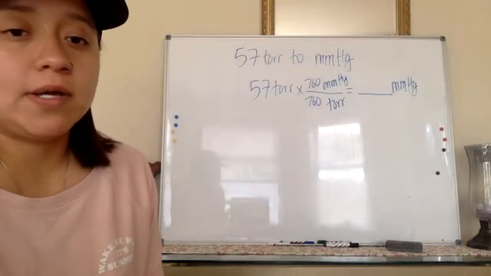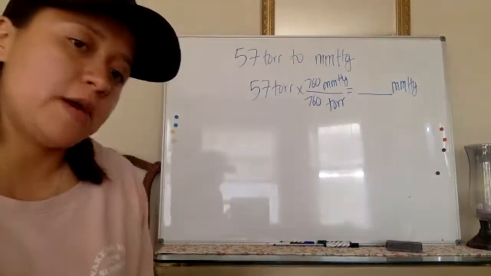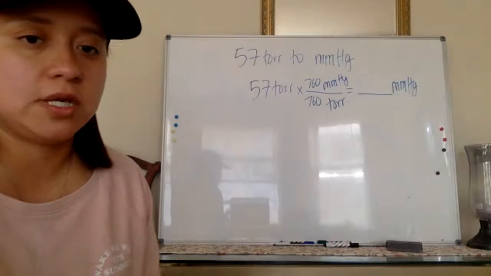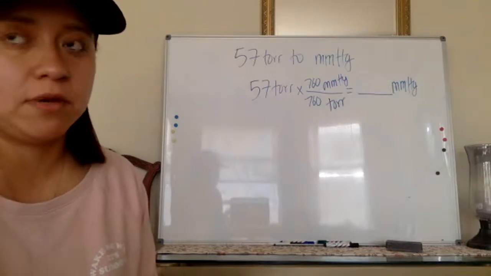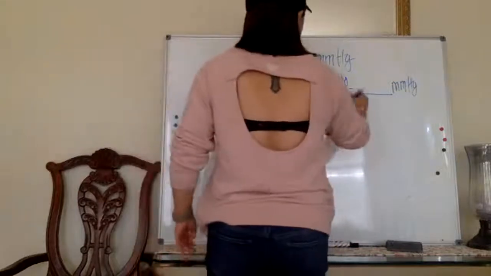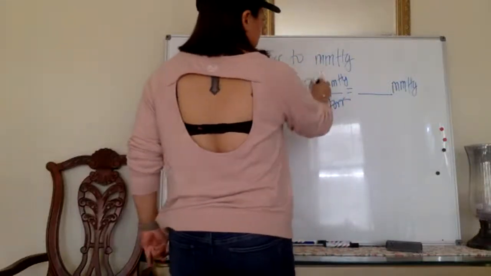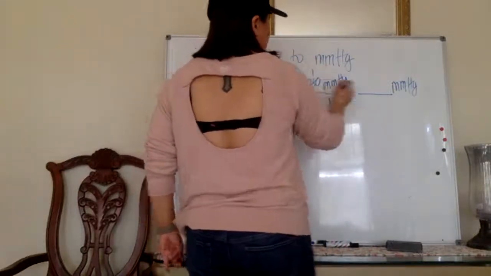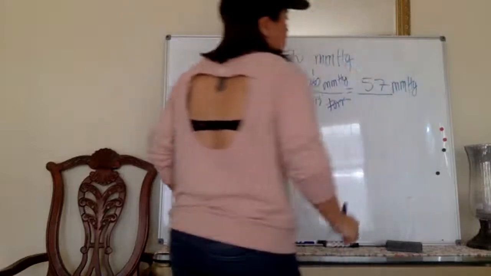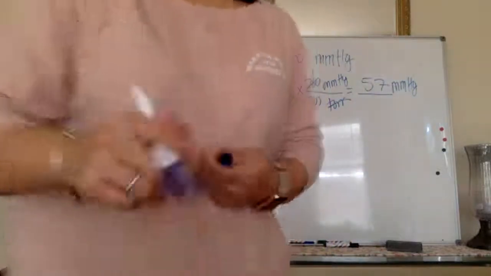So if you think about it, it's 57 times 760 divided by 760, which means it's just going to be 57 millimeters of mercury. It's like a 1-to-1 ratio here. Because torr cancels out, 760 divided by 760 is 1, so it would just be 57 millimeters of mercury.